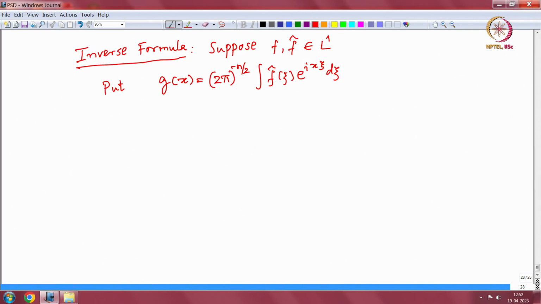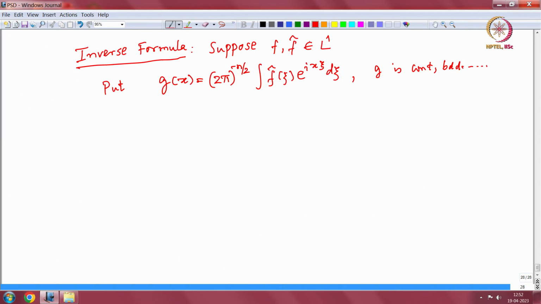The only change here is the change in the exponential sign: instead of minus we are taking plus. So, g is again continuous, bounded, and all those things can be said because f cap is in L1.